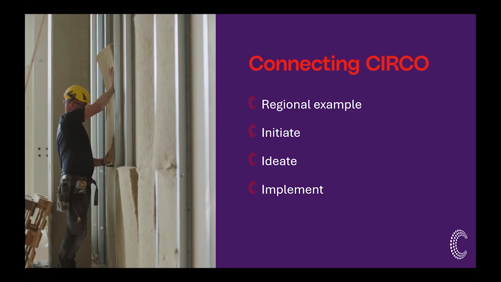So when applying the Circo phases to the Friese Vezelhennep deal, we come to the following. In the ideate phase, we were really mapping the current hemp ecosystem, identifying where value is lost in the current model and where circular potential lies. And then based upon this, we designed a local hemp value chain, collaborating with farmers, processors, and builders to co-create new roles.